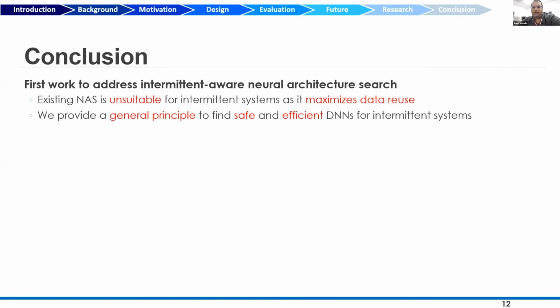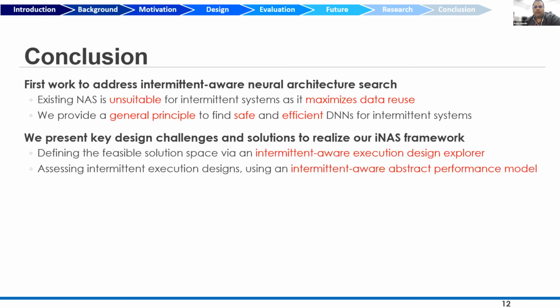And we provide a general principle to find safe and efficient DNNs for intermittent systems, which is followed during the development of INAS. We address the design challenges of finding a feasible solution space by introducing an intermittent-aware execution design explorer. And we address the challenge of formulating the performance of an intermittent execution design by introducing an intermittent-aware abstract performance model.